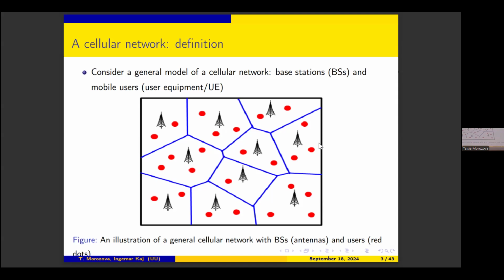And the antenna is just a normal antenna. The users and antennas exchange signals, and the transmissions happen over time slots. This is the main dynamics of the network that we're going to discuss.